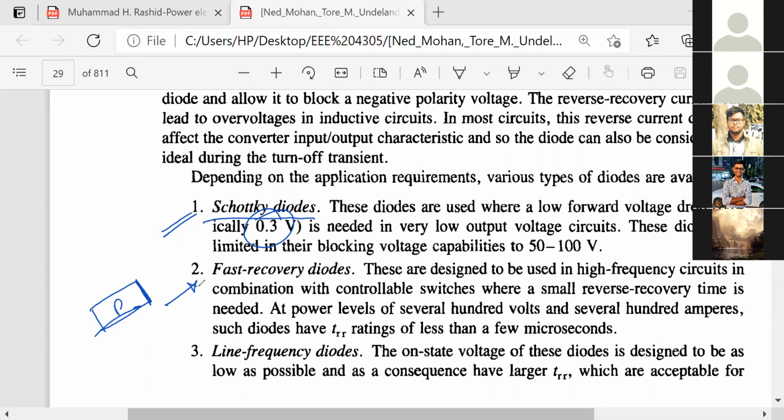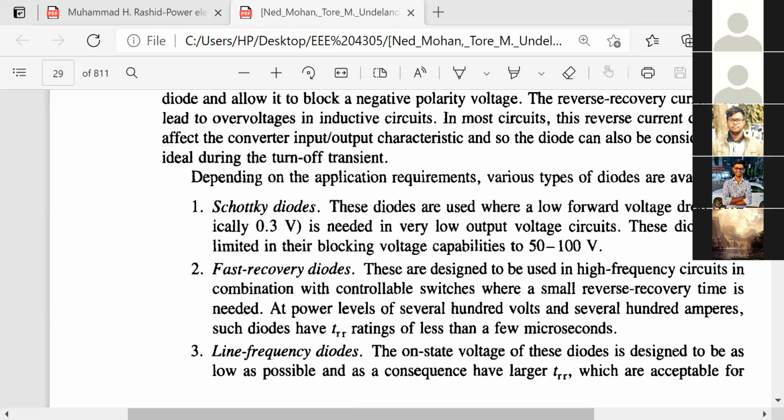There are fast recovery diodes. These are designed, the doping is designed in such a way that you will turn on and off very quickly. So why am I talking about quickly? Why is it not turning on and off instantaneously? I'll come back to this. And line frequency diodes, these diodes are operated at your 50 Hz.